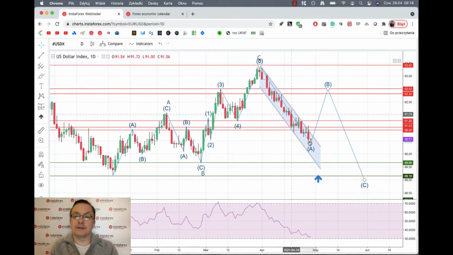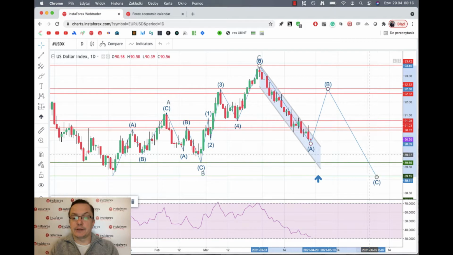The main difference is that it will be either a continuation of the three-wave correction, or some sort of new trend to the downside made in an impulsive manner. As you can see, the RSI is very close to extremely oversold conditions.